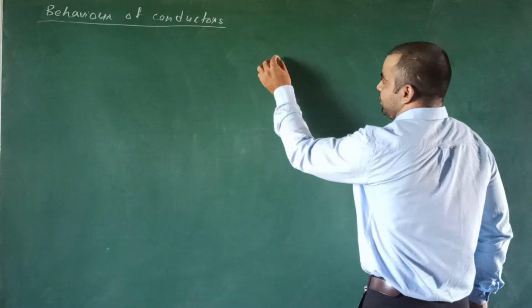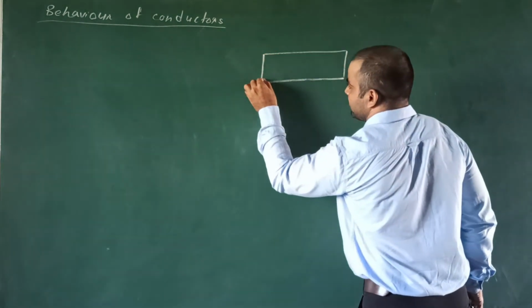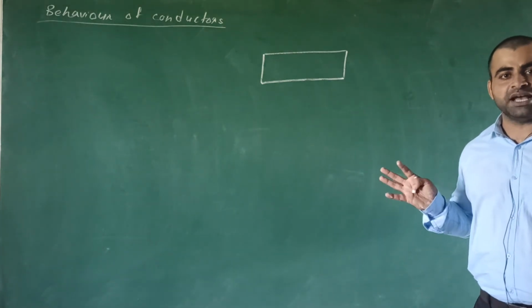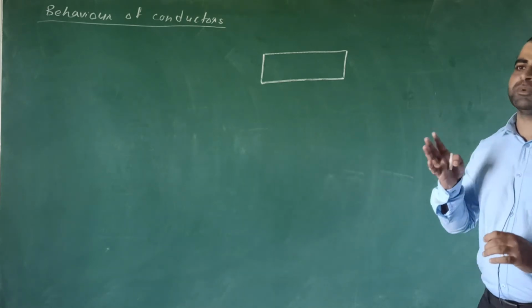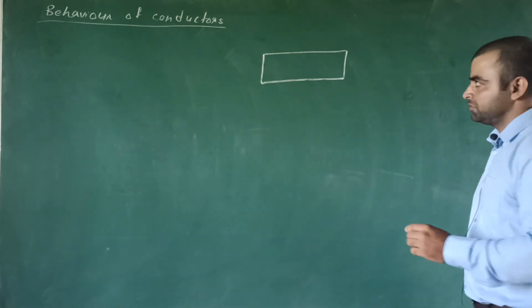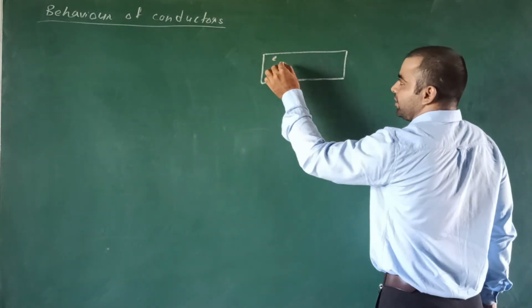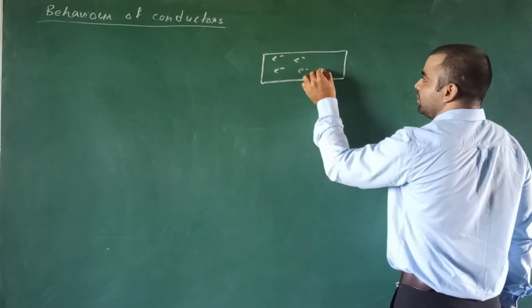Let us see, here is a conductor, and we know every object has a number of atoms, meaning a number of electrons, protons and neutrons. In a conductor there are too many electrons free to move.